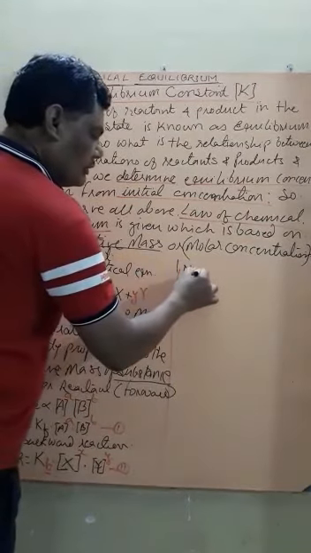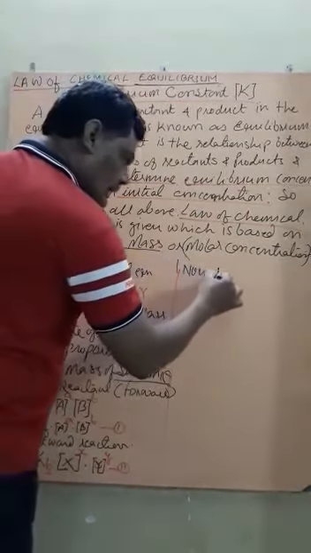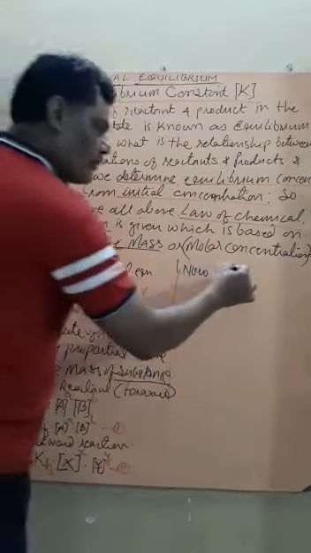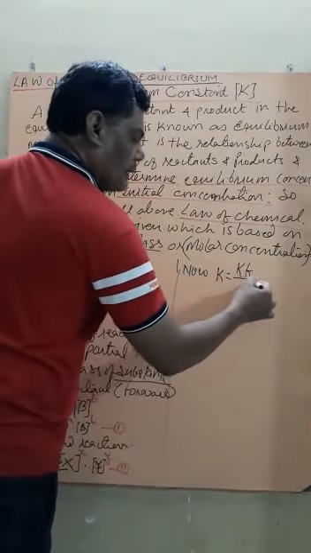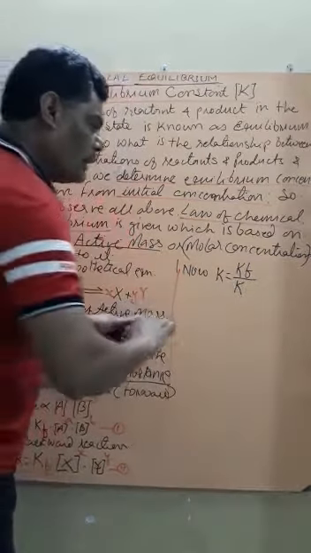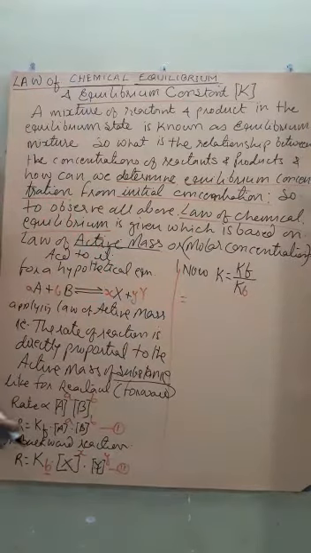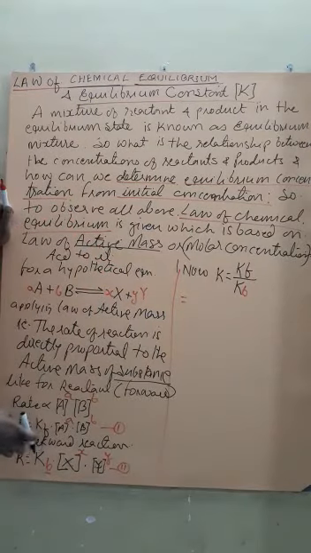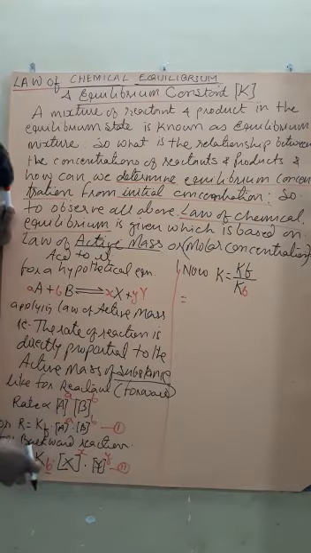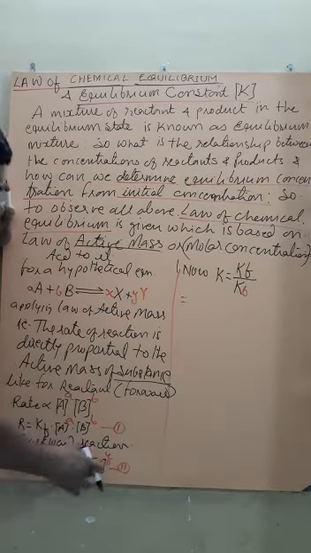Now, K is equal to Kf divided by Kb. Here f is for forward, here b is for backward. So if you place the values of Kf and Kb, Kf is equal to 1 upon A to power a into B to power b, and Kb is equal to 1 upon X to power x and Y to power y.